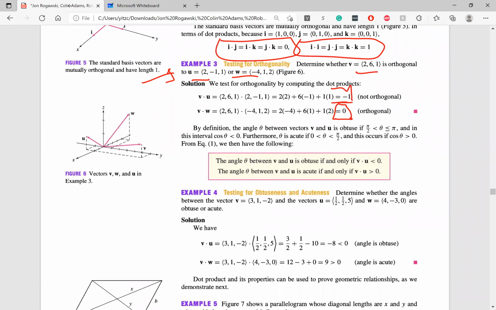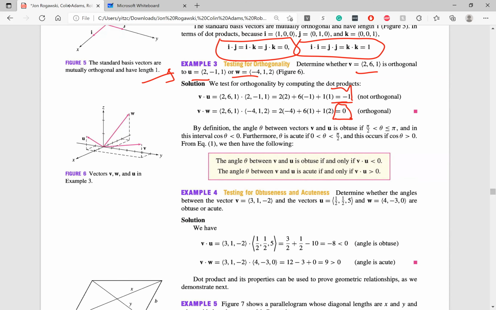One other thing that we can do, but will not really appear that much until vector calculus, which is way far in the future, so we're not going to focus too much on it, is you can tell if the angle is obtuse or acute by telling if your dot product is negative or positive.